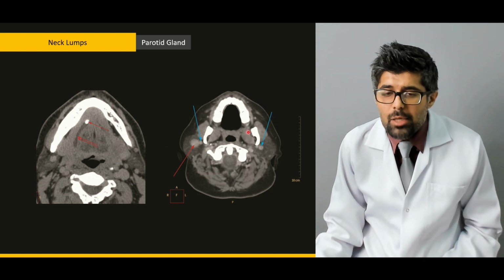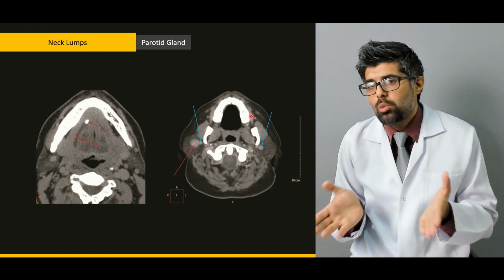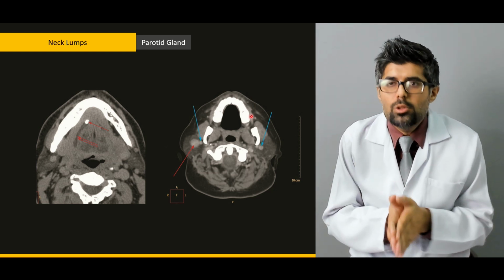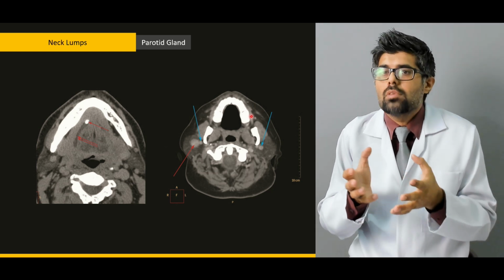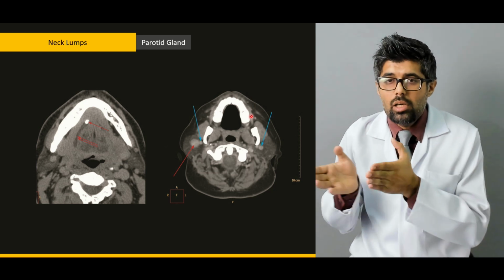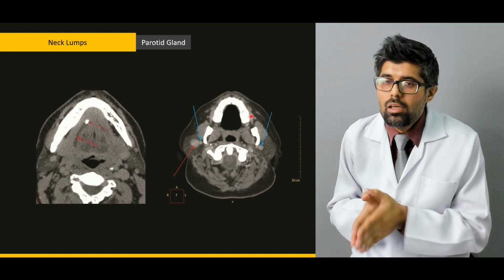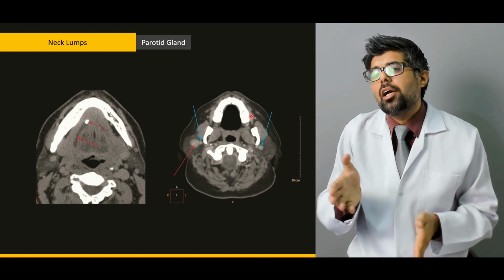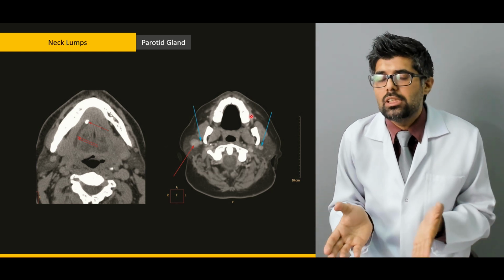Now, the second image. Now, the parotid gland might undergo swelling due to inflammation. It might have a certain disease called pleomorphic adenoma of the parotid gland, which is usually benign, or it might have some kind of an autoimmune disease, such as Sjogren's disease.